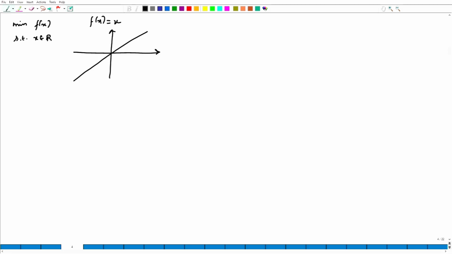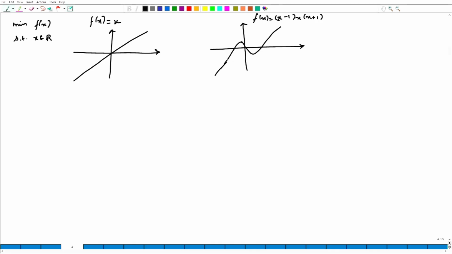Here is another example where a local solution exists, but a global solution does not exist. Let us say f of x equal to x minus 1 into x plus 1. It looks like this.